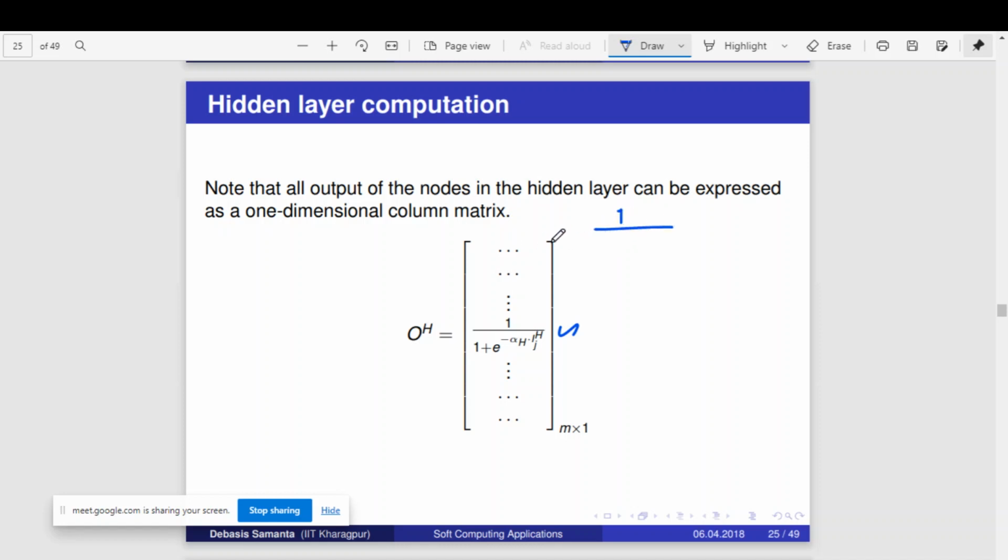1 by alpha h into what? J is I 1h. What will be the value for the mth neuron?